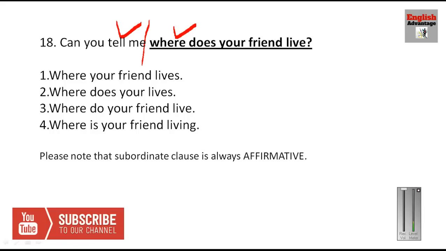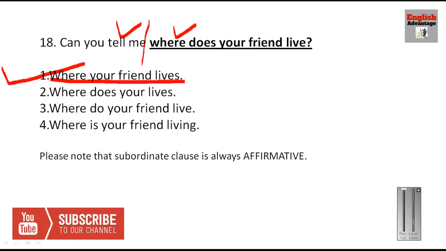Now subordinate clause is always written in affirmative. So this should be where your friend lives, because this is not a question. This is a subordinate clause, and subordinate clause is always written in affirmative. So you should say where your friend lives. You can also understand it like this, that this is not a question.